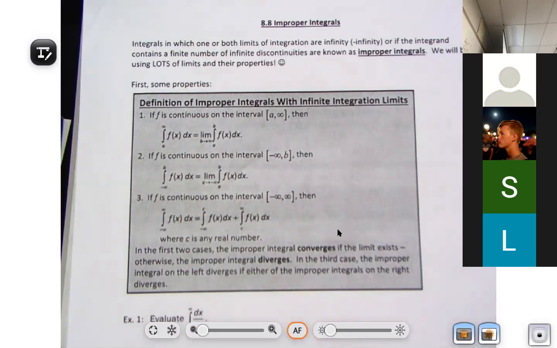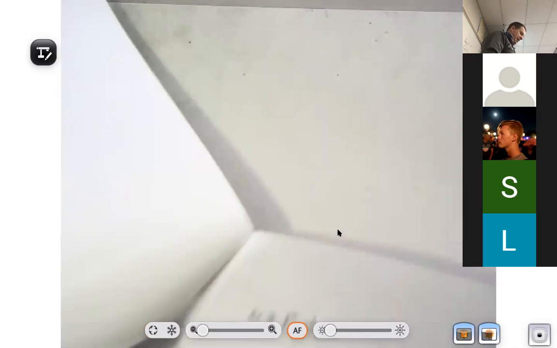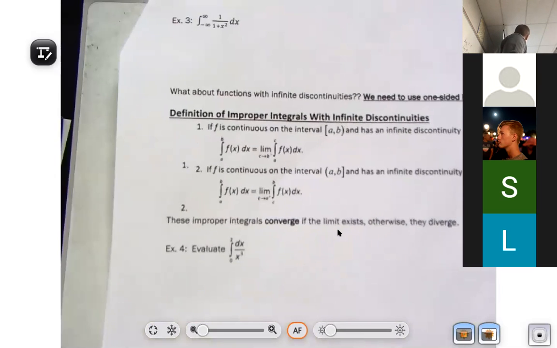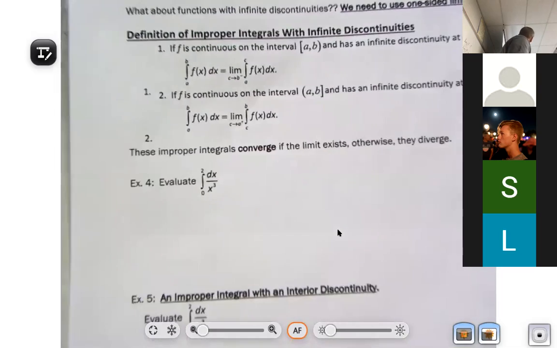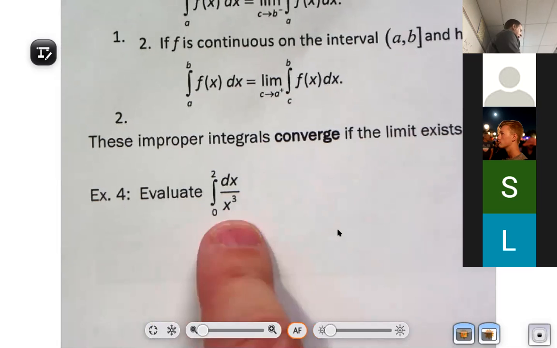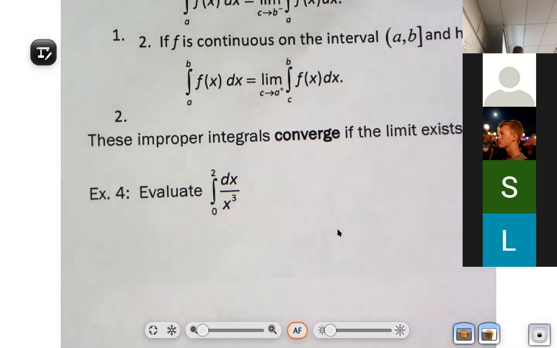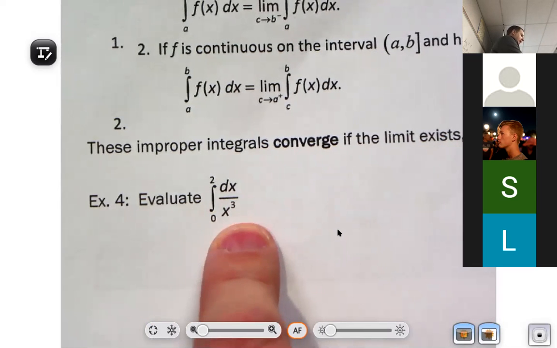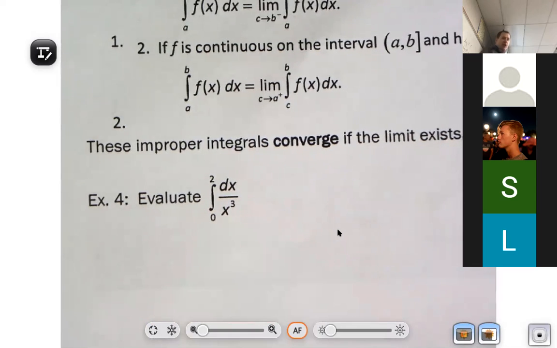The vertical asymptote ones are a little bit more sneaky because I'm going to show you an example here of what we're going to do. If you look at example 4 right here, that function has a vertical asymptote at 0. And one of your limits is 0. What you're going to find out is if you didn't recognize that this had a vertical asymptote and you just tried to integrate it using your normal power rules, using the fundamental theorem of calculus, you would get an answer.